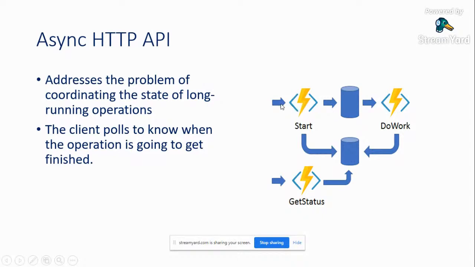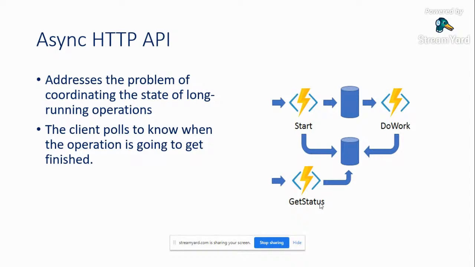So we will redirect the client to the get status endpoint, and this get status function will continuously poll whether the operation is going to get finished or not. So we'll just check with this get status endpoint. We are just going to get the status of that particular do work function.